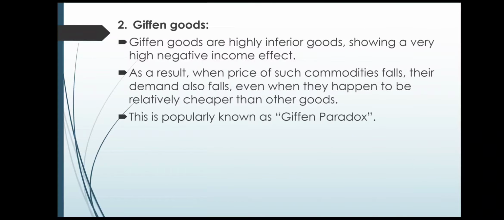Second exception is Giffen goods. Giffen goods are highly inferior goods, showing a very negative income effect, and as a result, when price of such commodities falls, their demand also falls, even when they happen to be relatively cheaper than other goods.